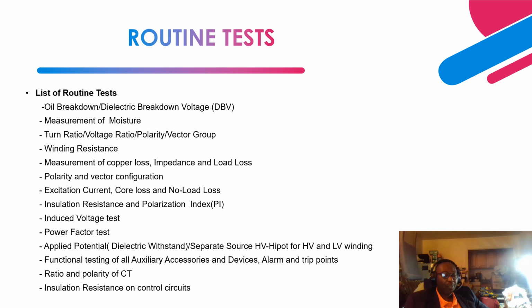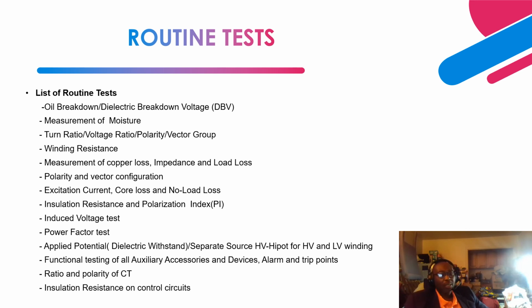Next is insulation resistance testing. Insulation resistance testing gives us an indication of the level of moisture intrusion into the insulation, and also the level of contamination and the level of oxidation of the oil, right?